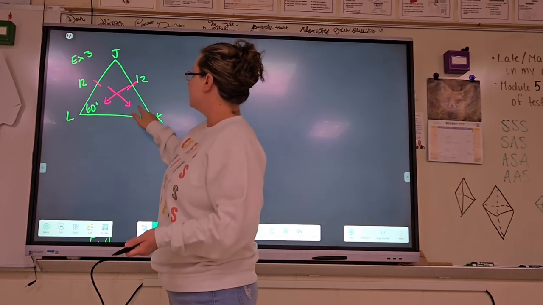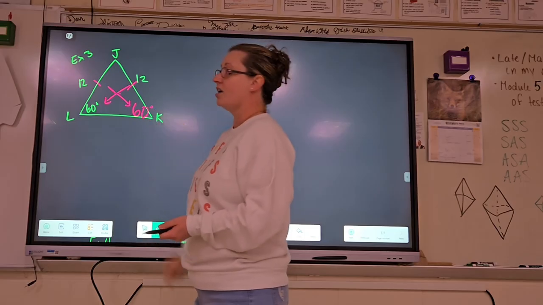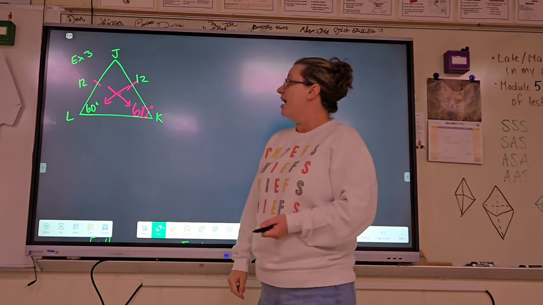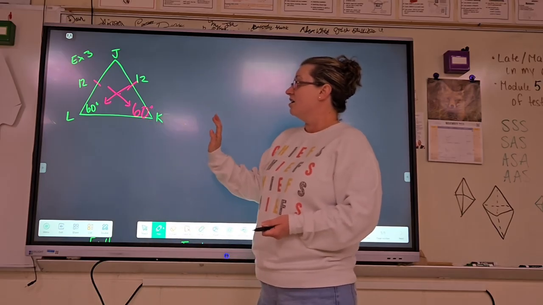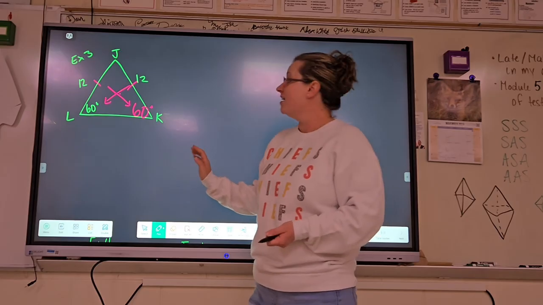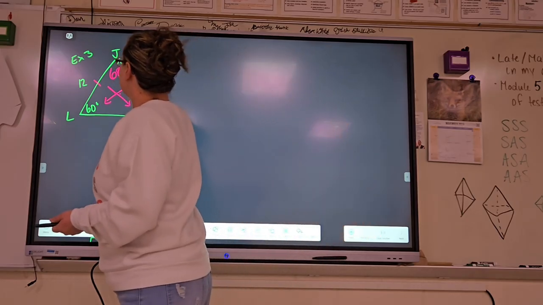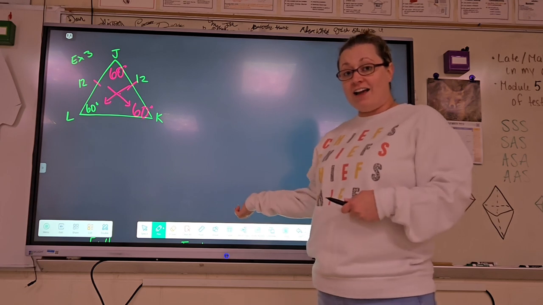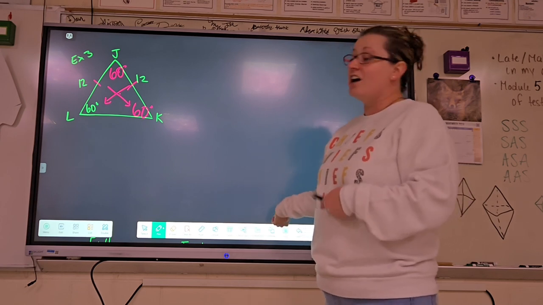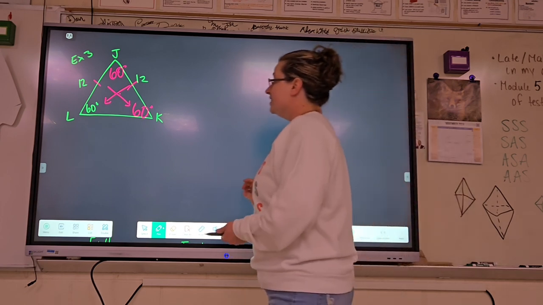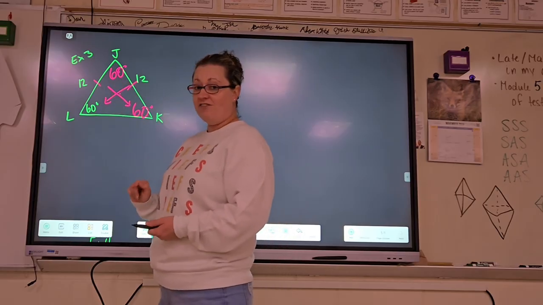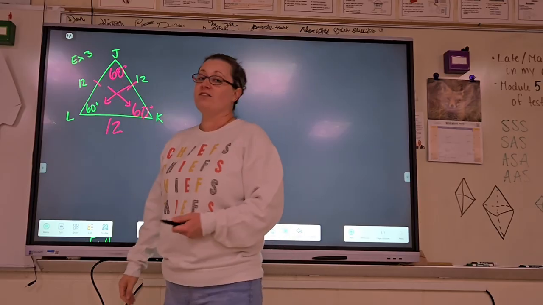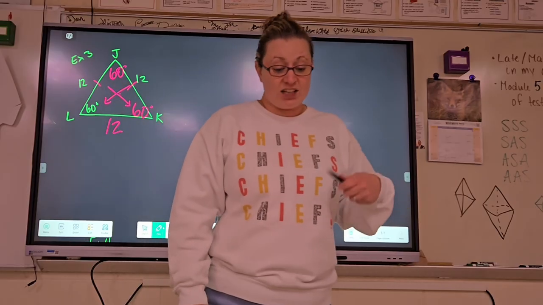So if this angle is 60, I know angle K here has to be 60. And then because triangles always add up to 180, I'm only left with 60 degrees right there. So I know this has to be an equilateral triangle because it's also equiangular, which means if these two sides are 12, this side is also 12. So we would fill in the blanks as we go.